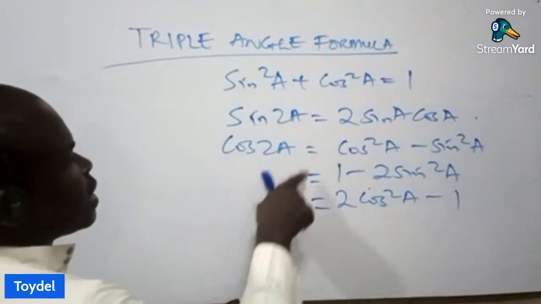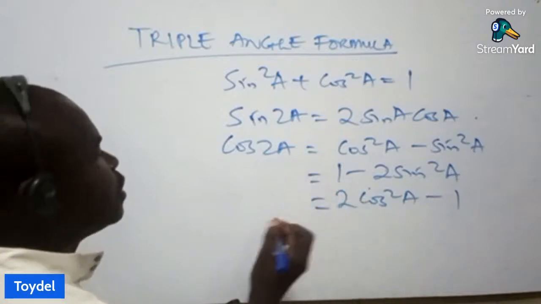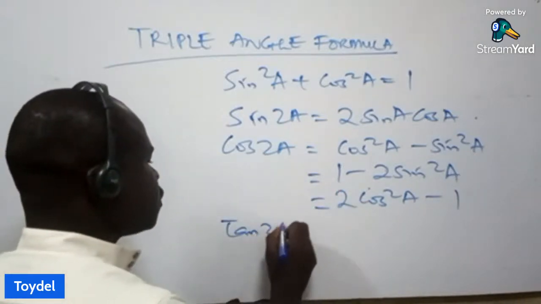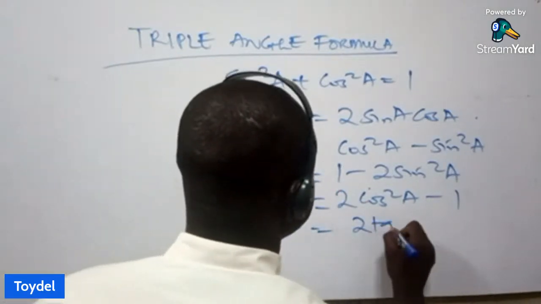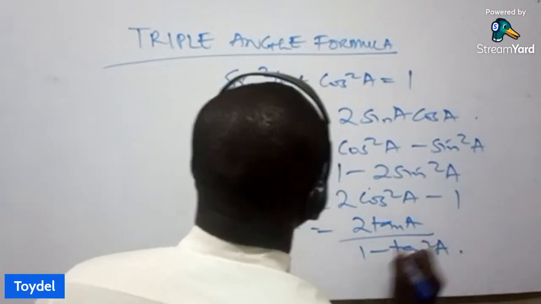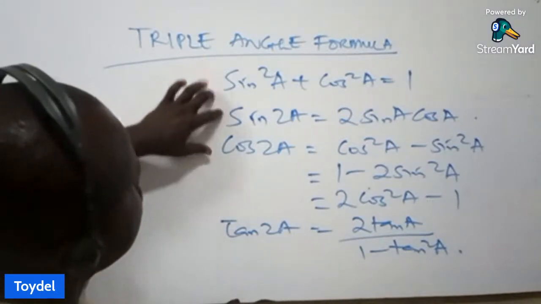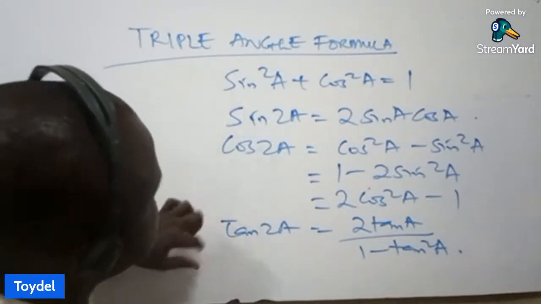So cos 2A has three different derivations. Then tan 2A is given as 2 tan A all over 1 minus tan square A. So these are the formulas that we have under double angle. That is sine 2A, cos 2A, and tan 2A.